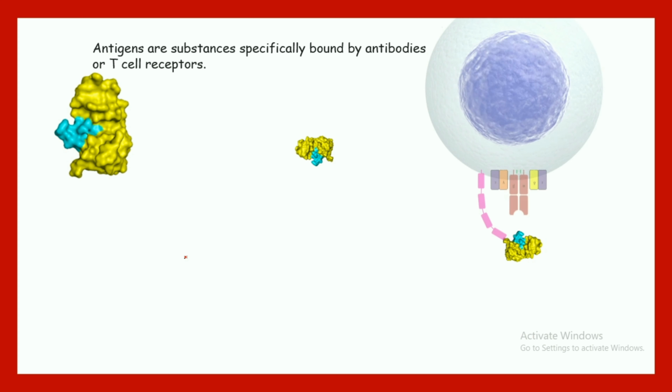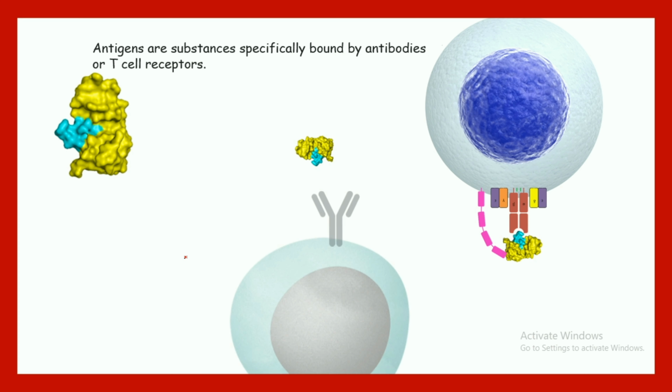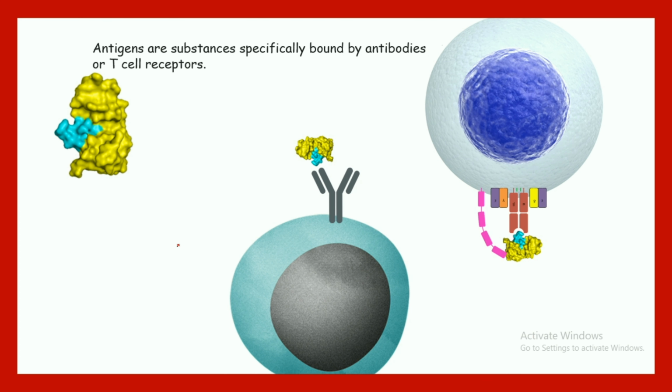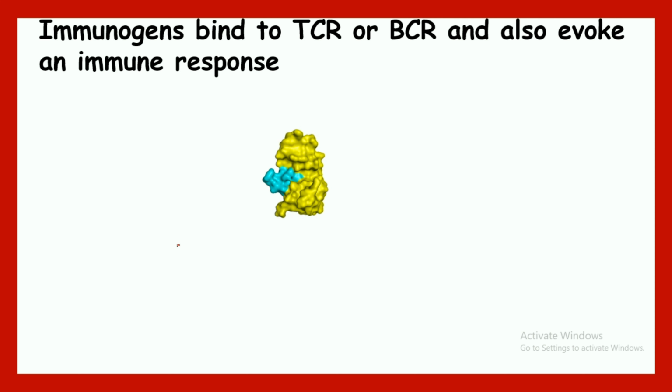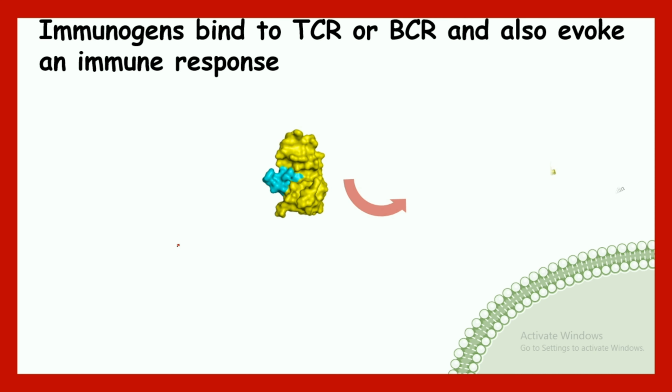So let me tell you, this is an antigen. Antigens are substances that specifically bind to antibodies or T cell receptor. So it can interact with the T cell receptor or the B cell receptor, that means the antibodies. Whereas immunogen can also bind to T cell and B cell receptor, but the difference lies in this particular thing, that they can evoke strong immune responses.